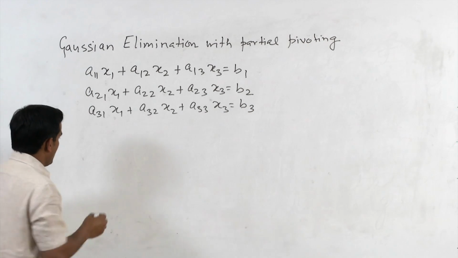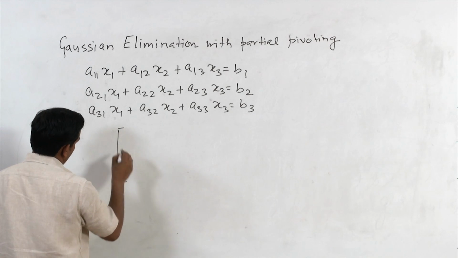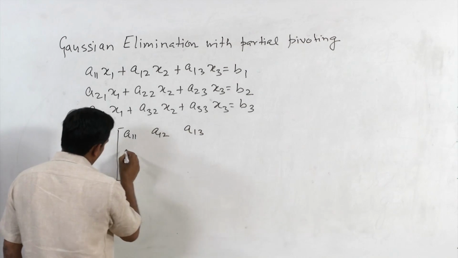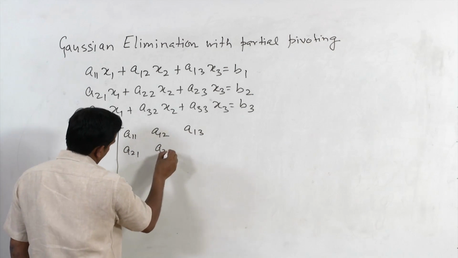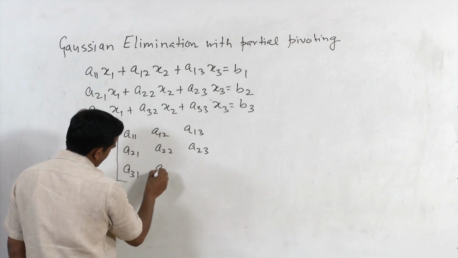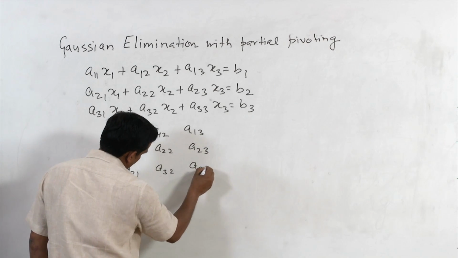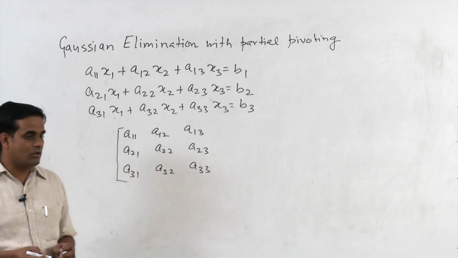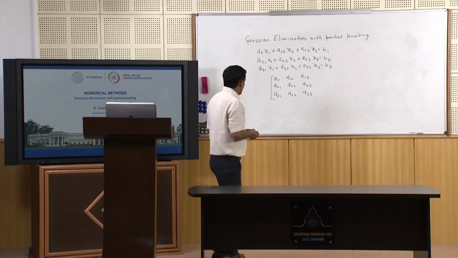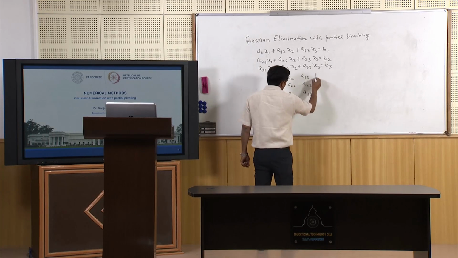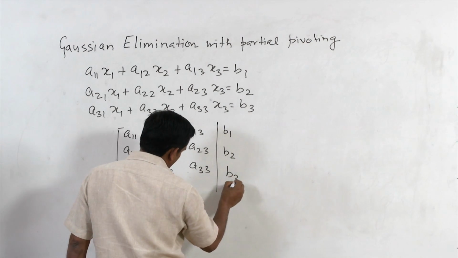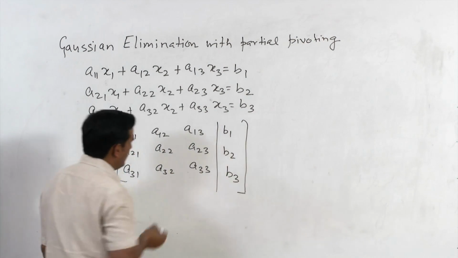So, in matrix form I can write the coefficient matrix as a11, a12, a13, a21, a22, a23 and the coefficients of the third equation. These are the 9 coefficients of x1, x2, x3 in all 3 equations, and if I add the right hand side vector here, then this becomes the augmented matrix.